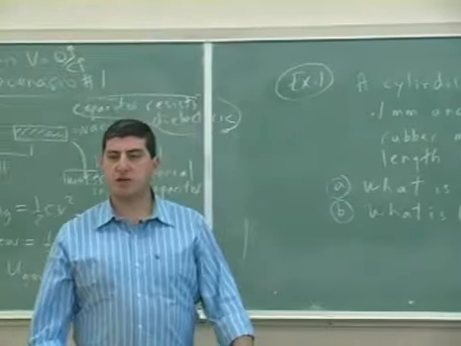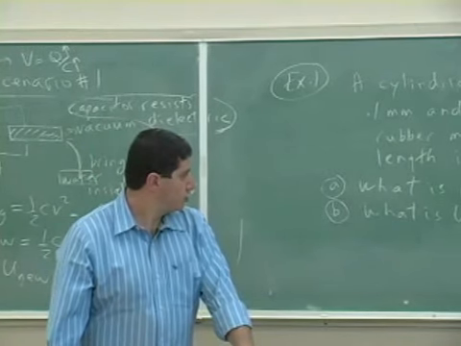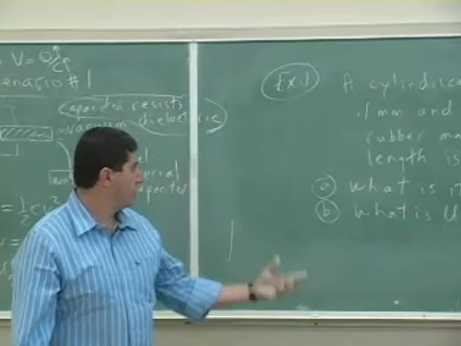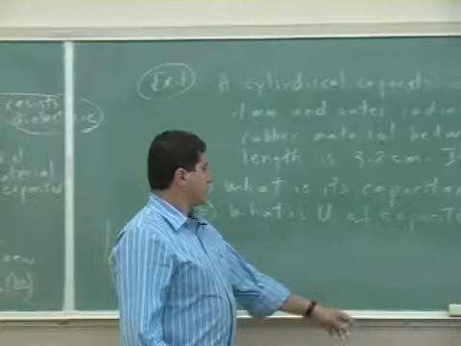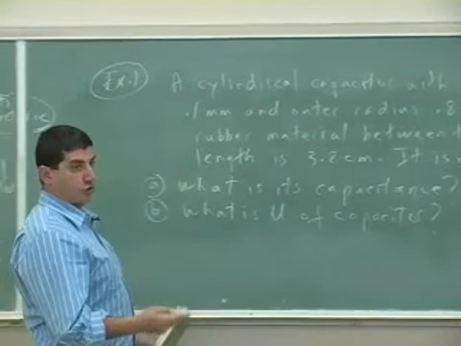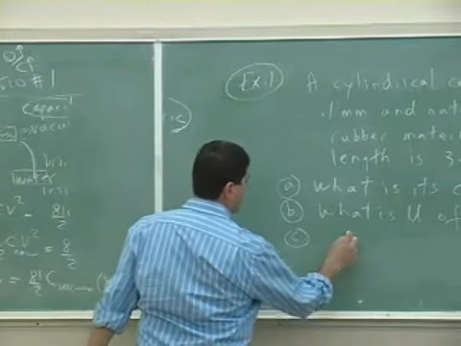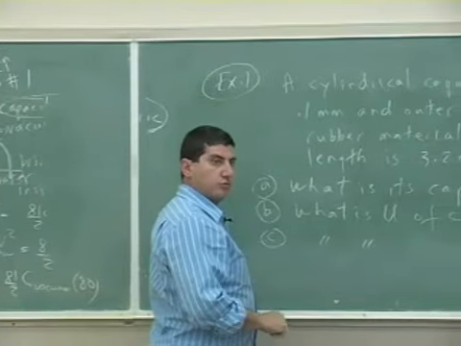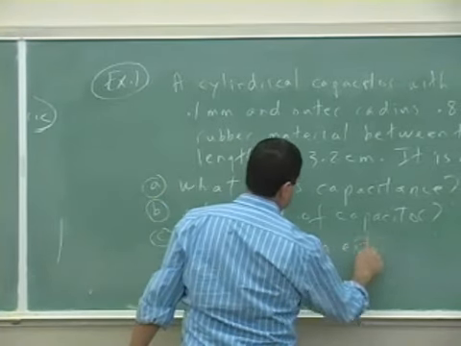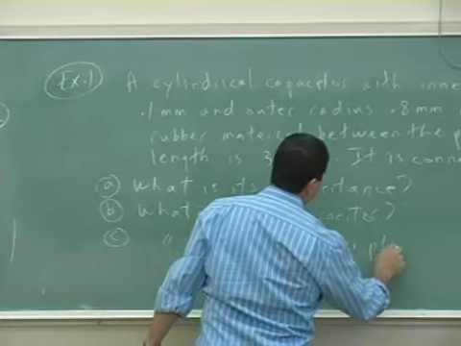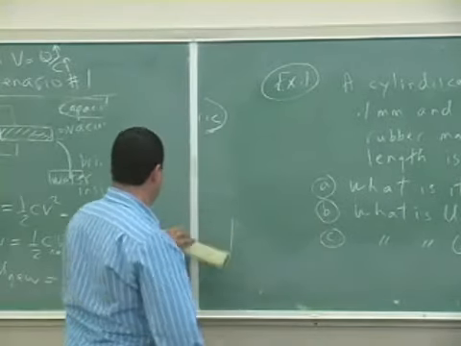I think pretty much that's it. Once you've answered its capacitance and its energy, because in order to answer its energy, you would also have to... we could ask this, what is the Q on either plate? We can solve part C before doing part B.